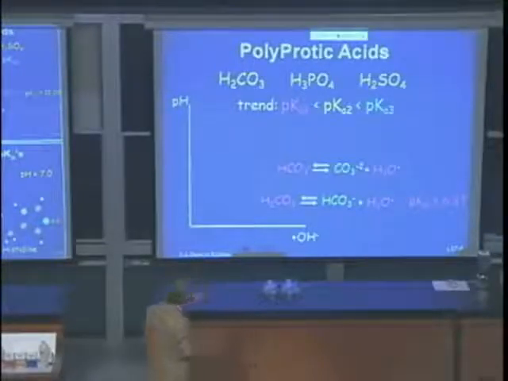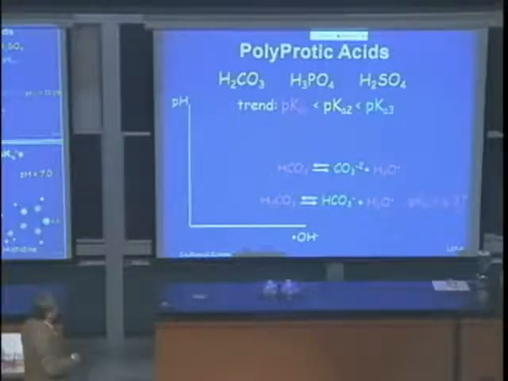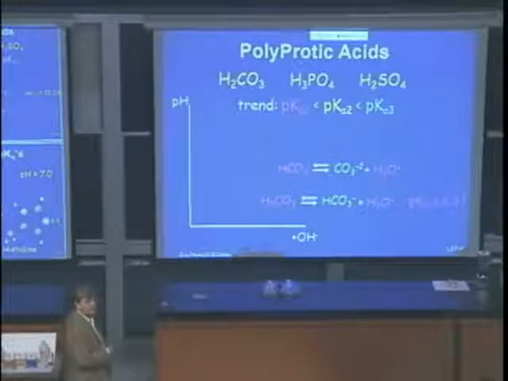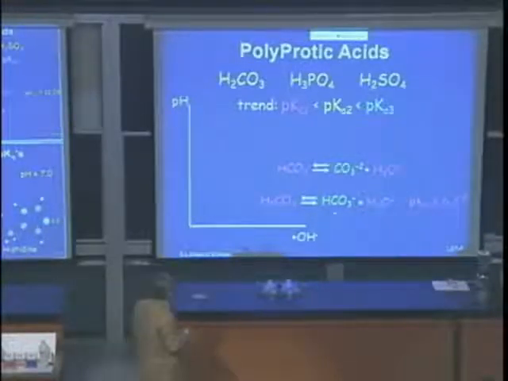So if I am at pH of 4, which form will predominate? This one, number 1, or number 2? This one. 1. Now I'm at pH of 7.5. Which one would predominate? 2, exactly, good.